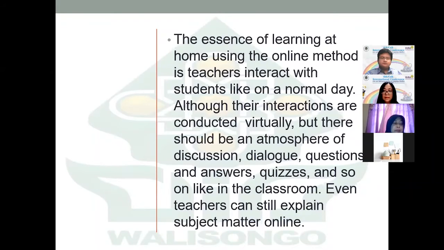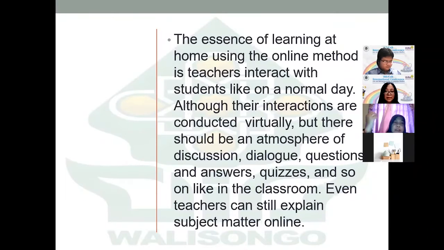I think teachers should always keep in touch with their students, although the teaching learning process is carried out virtually. The aim is to increase students' motivation in learning English. Because in the classroom, there are three kinds of learner style, namely visual learners, auditory learners, and kinesthetic learners.